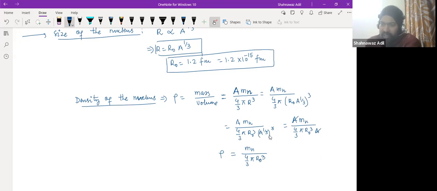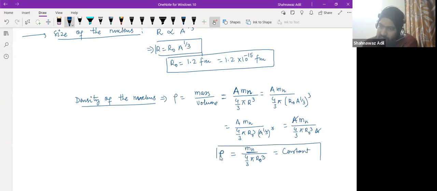And you can see that this density, the mass of the nucleus is constant and this R naught is a constant. So density would be a constant value, right?